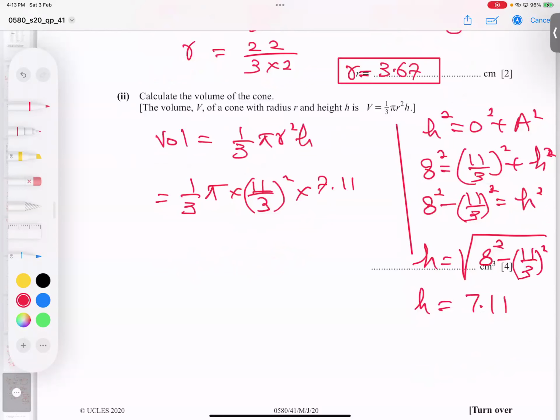So the answer is 1 over 3 into pi into 11 over 3 squared into 7.11. My answer is coming 100.1. But the basic rule is what? We don't want 100.16, so 100 centimeter cubed is the volume of the cone.